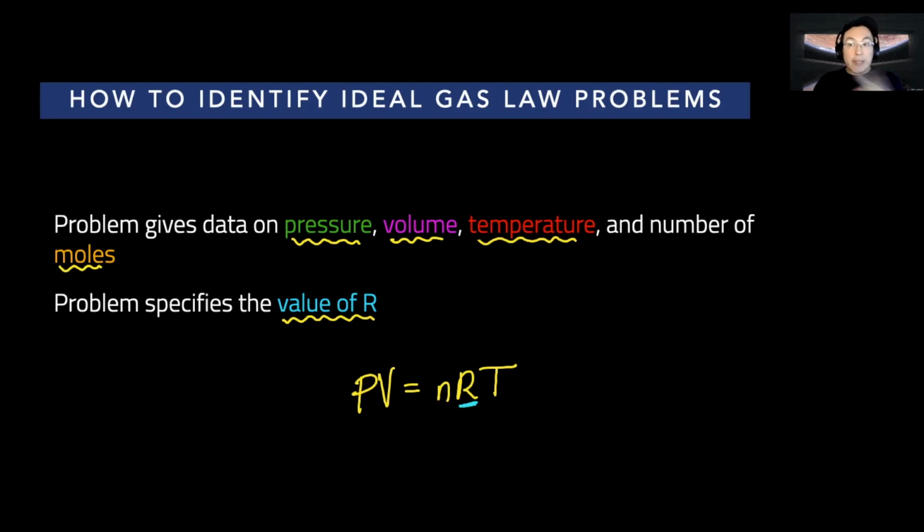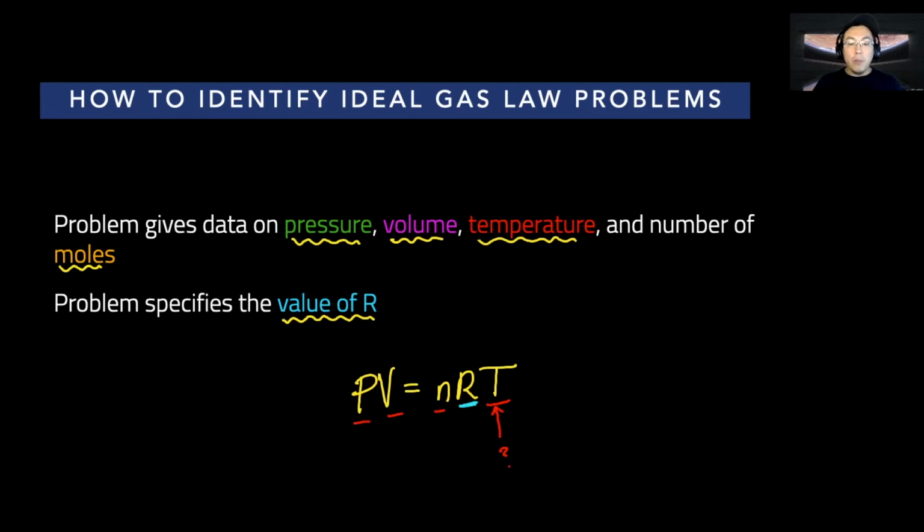And besides R, you will be having 4 variables, right? Now, from these 4 variables, you will be given 3, and one of them, let's say temperature, is going to be your question, right? So the question directly would be using one of the words for questions, like what is the temperature, or how much is the measurement of temperature, or something like that, right?